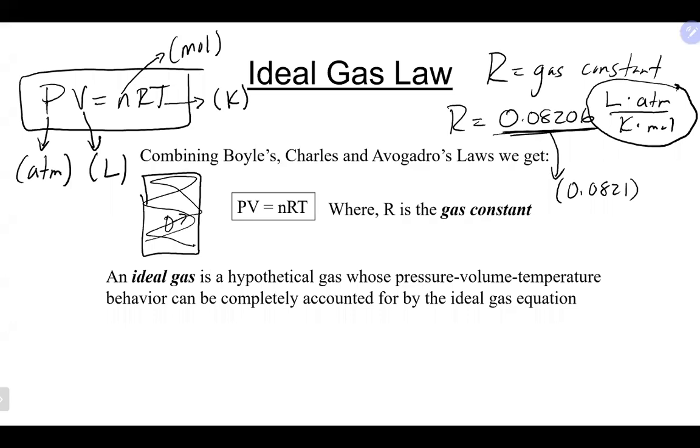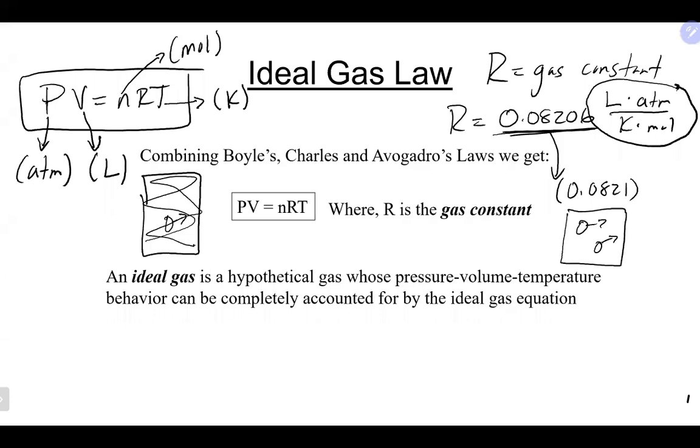The other thing that truly makes it more of an ideal gas is the idea that if you have multiple gas molecules in a container together under ideal situations, which is pretty much every situation we deal with in this class, they will have no effect on each other. So they won't be attracted to one another. They won't be repelled by one another. It's almost like they are flying in the container by themselves, even though there are other gas molecules flying around with them. And that's one of the ideas of an ideal gas.